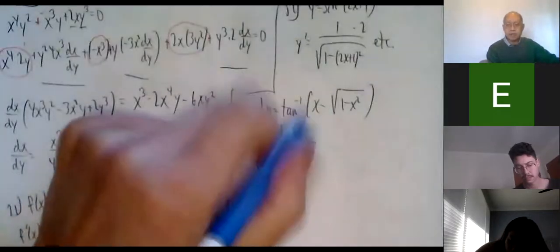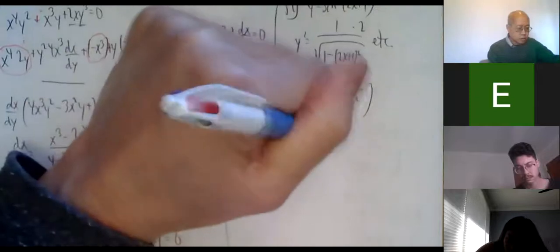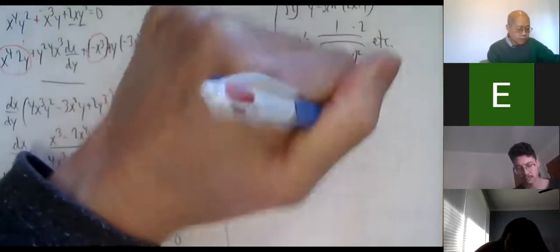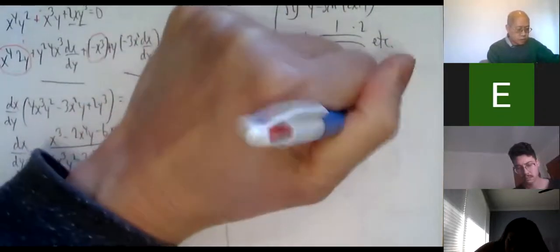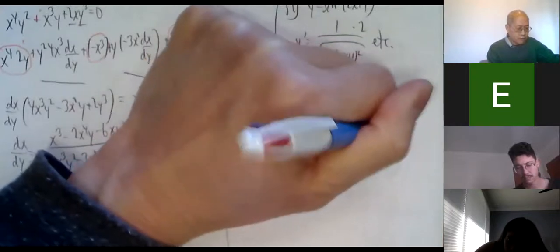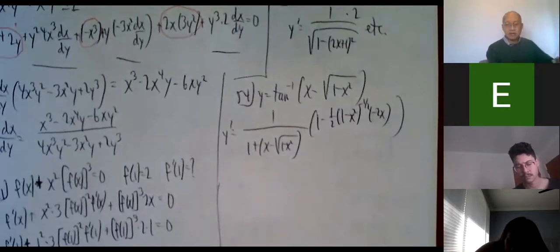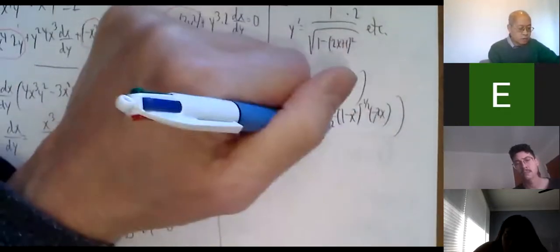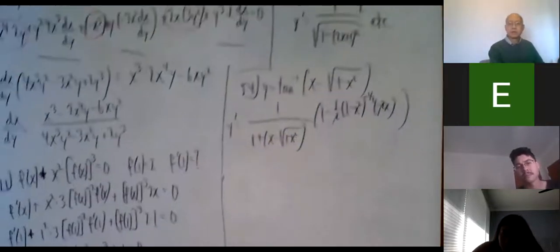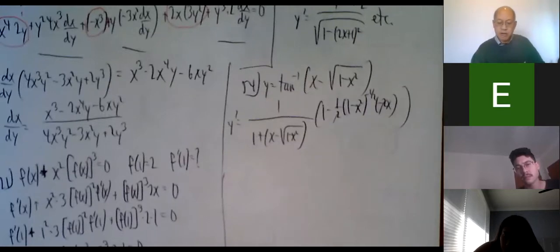And then by the chain rule, I differentiate the inside. So it's 1 minus 1/2, 1 minus x squared to the negative 1/2 times negative 2x. And yeah, that's pretty much about it. I would cancel the 2's, but not much more. Okay, so that's all I want to do for that one, I guess.